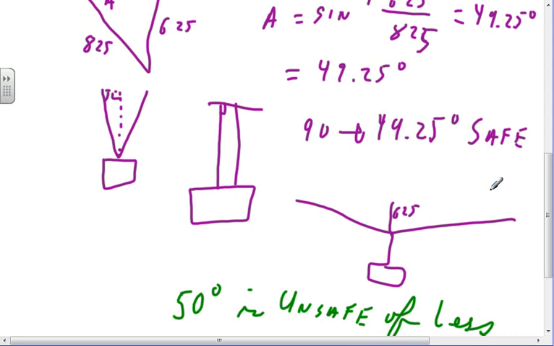We wouldn't want to say 49.26 because we don't have that many significant digits. So just add one to the. Am I going the wrong way? I'm going the wrong way. We'll make it 49. I just said it was okay to be higher, right? Yeah. 49. So 49 is unsafe or less.